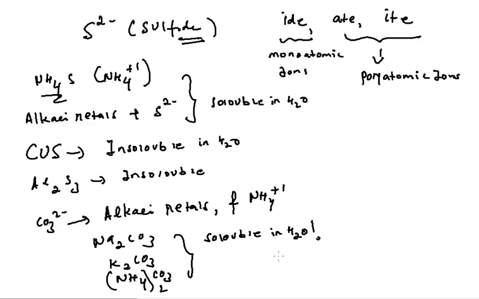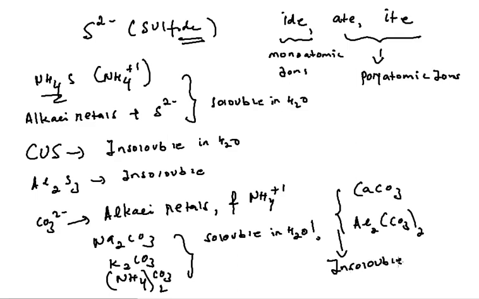So if I have calcium carbonate, or if I have aluminum carbonate, these are going to be insoluble. So this is how solubility and insolubility come in. I'm going to give you more examples in the next video as well.